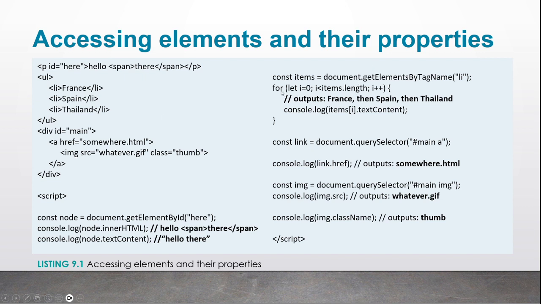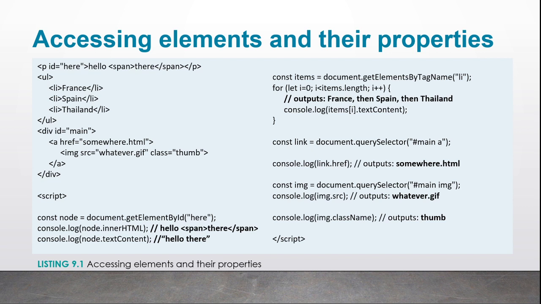And then we have a for loop here where we're setting an iterator to 0, and if it is less than the number of items, then add 1 to it and do this thing.